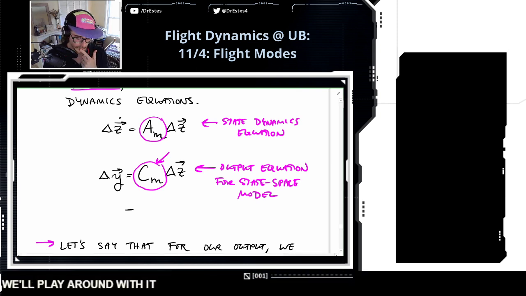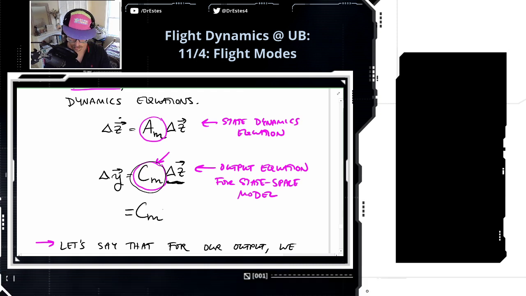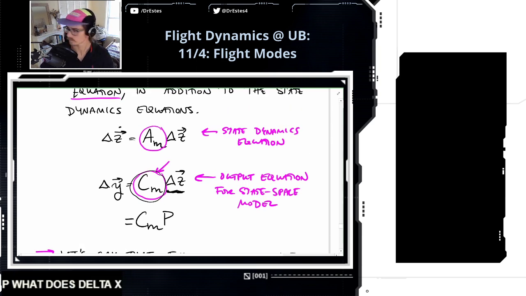Okay, but this CM matrix, let's see, delta Z, CM, P, wait, because delta X is related to delta Z by this, right?